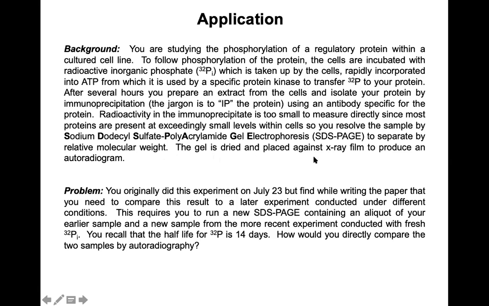The gel is dried and placed against X-ray film to produce an autoradiogram. This is another process. So placing the gel on the X-ray film, you can get the autoradiogram, some spots like that.